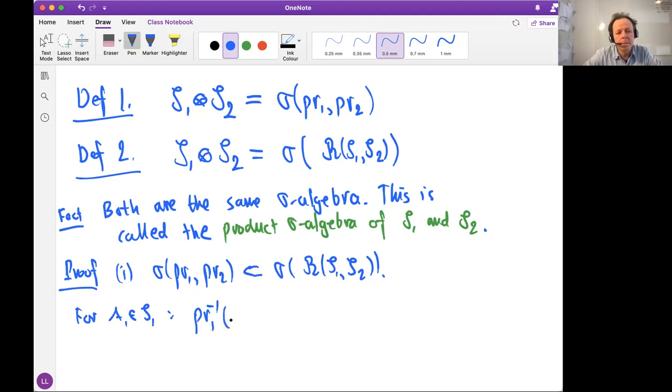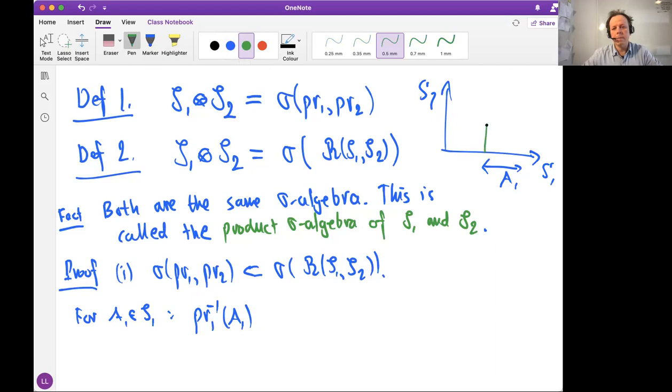So what's the pre-image of this set here? It's good to look at the picture. So this is our product space, and then what's the pre-image of A1? So if A1 is there, what is the pre-image for this projection? So the pre-image is then this full slice here, and that slice is equal to A1 product the full second space.